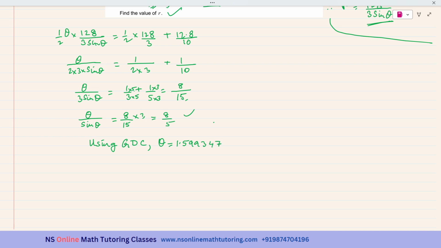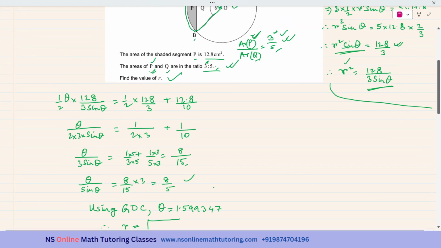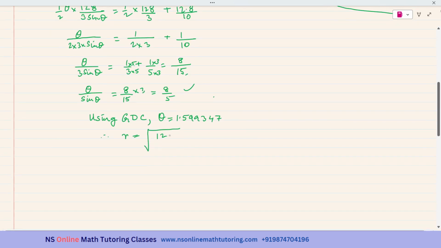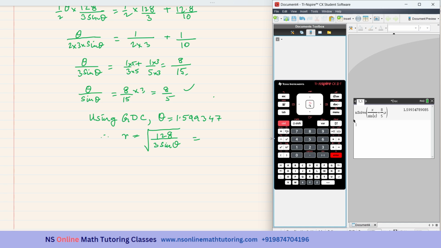Now, therefore, r is equal to the square root of 128 divided by 3 sine theta, which is the square root of 128 divided by 3 times sine of the theta value.